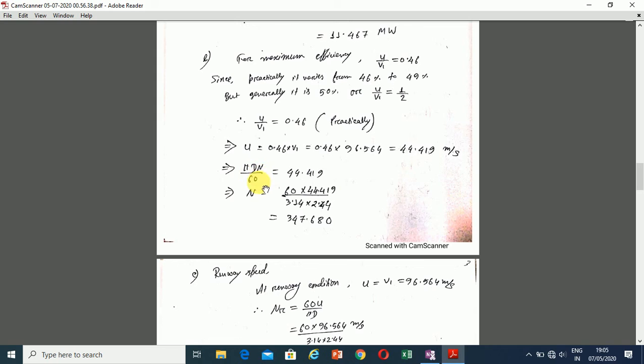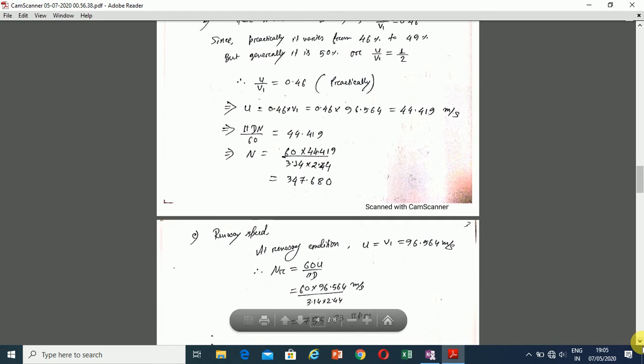And we know U is pi d n by 60, and from here we found n, that is 60 into U divided by pi d, and d is 2.44 meter, that is given in the question. From here we found n is equal to 347.680 rpm.